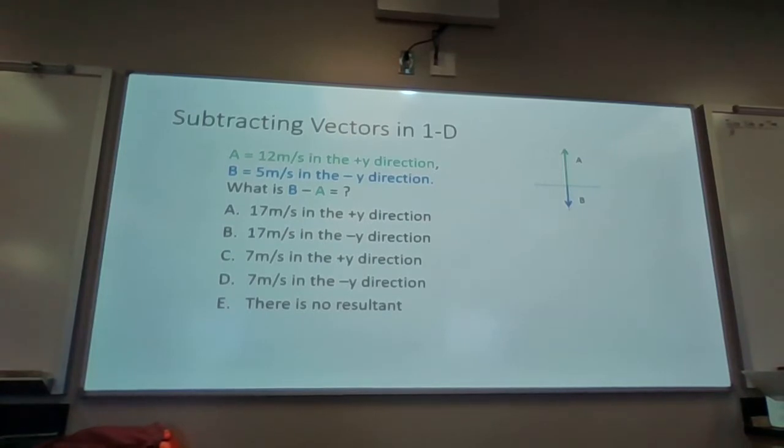Correct answer is B. Good with that. You make the green arrow go down because we're applying the negative to A. So it's 5 down plus 12 down gives you 17 down. Good?